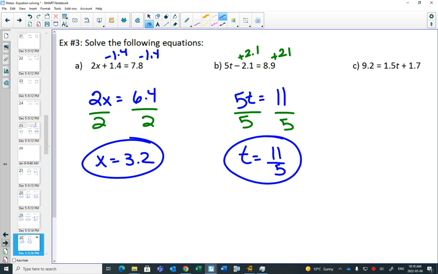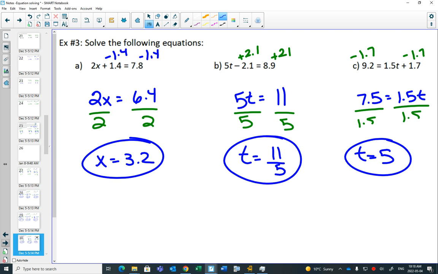And again, this one I would leave as 11 over 5. It would be perfectly fine if you decided to write this as 2.2.